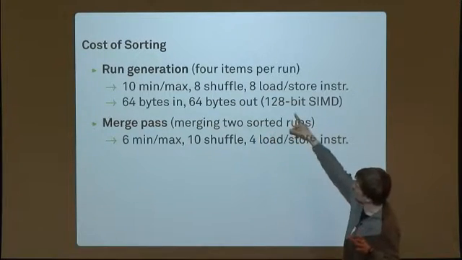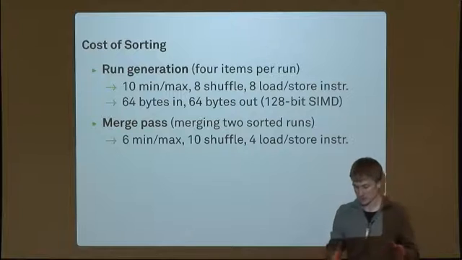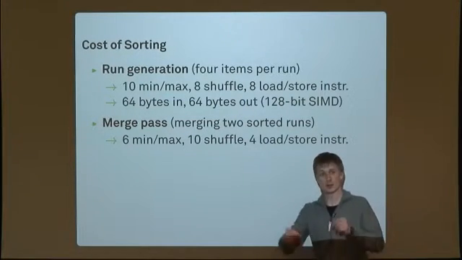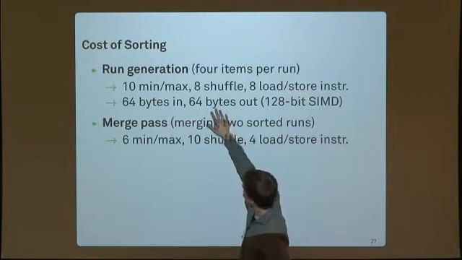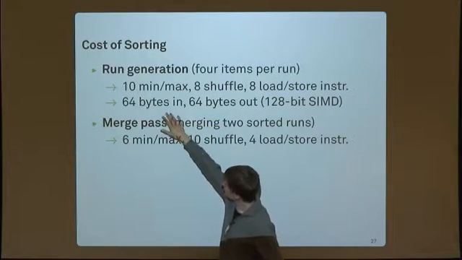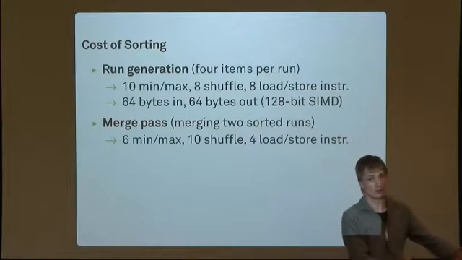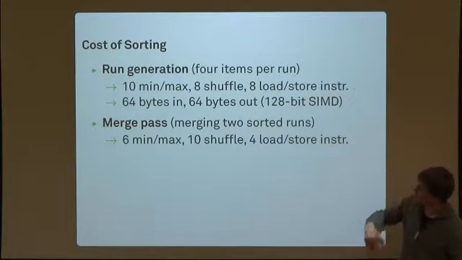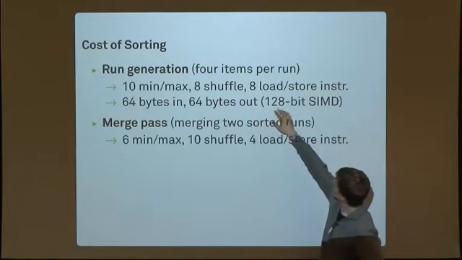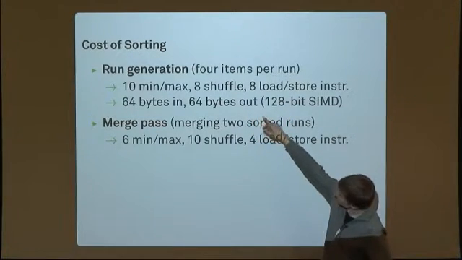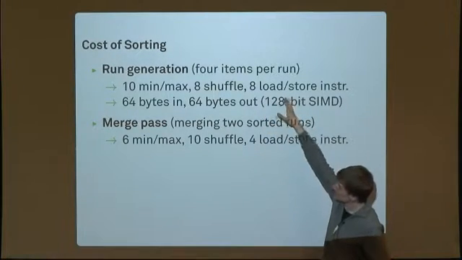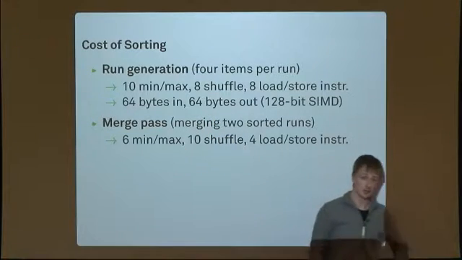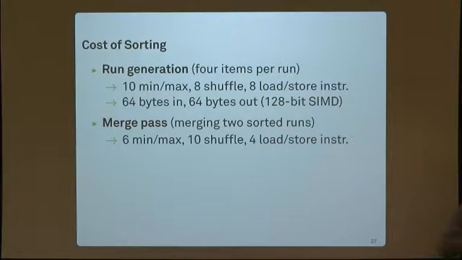So with 26 assembly instructions, you can sort 4 sets of data. Then assuming 4-byte keys and 4-byte values, you end up with reading in 64 bytes and writing out 64 bytes. So in total, there is a ratio of 26 assembly instructions to 128 bytes moved between memory. Right?